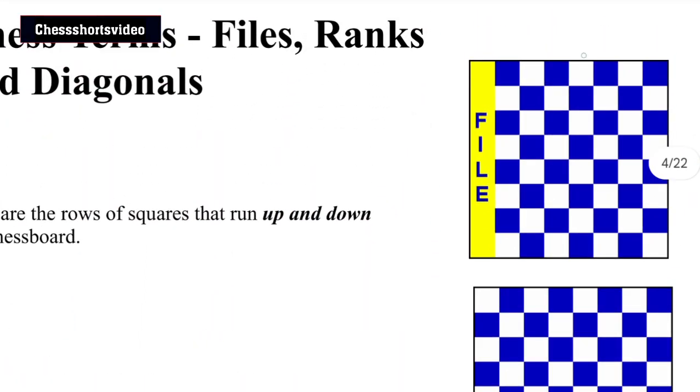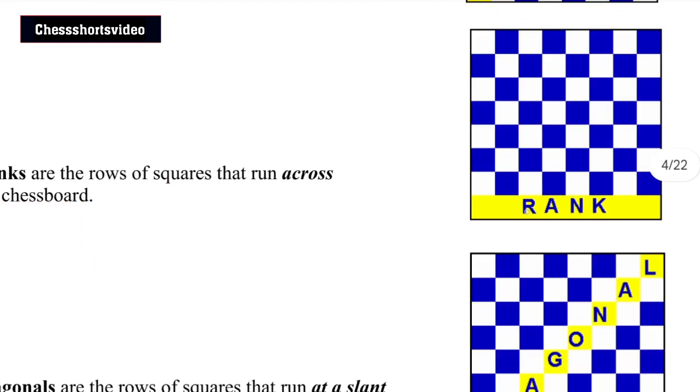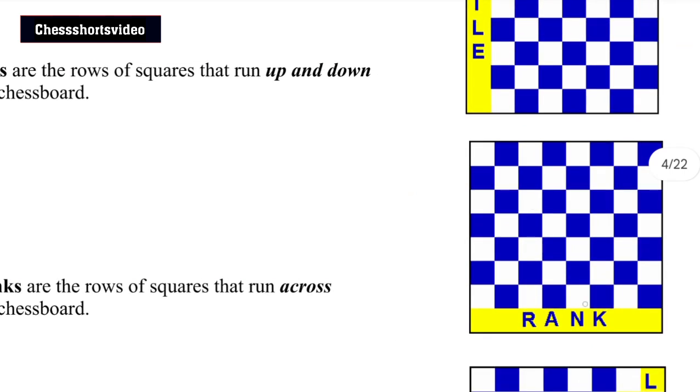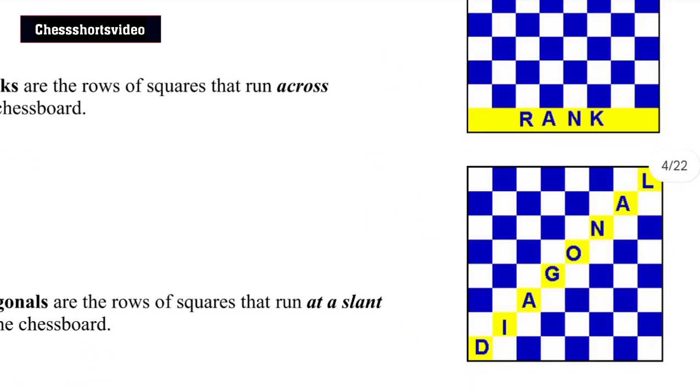Actually, files are the rows of squares. These are the files I already explained. They are the ranks. Yeah, this is important. Columns are files and rows are ranks, and every row and column has blocks.